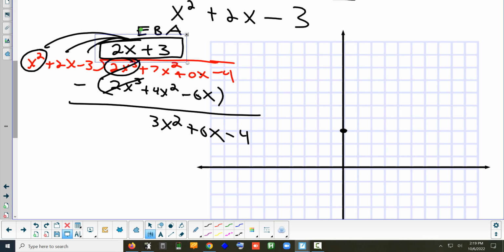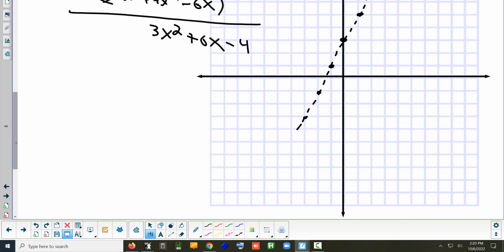Would it be up 2 over 1? Up 2, which way is over? To the right. So I'm going to do that as many times as I can. I can go back the other way if I want to. And put in a dotted line. That's okay. Just put in a dotted line like that. And it keeps going.